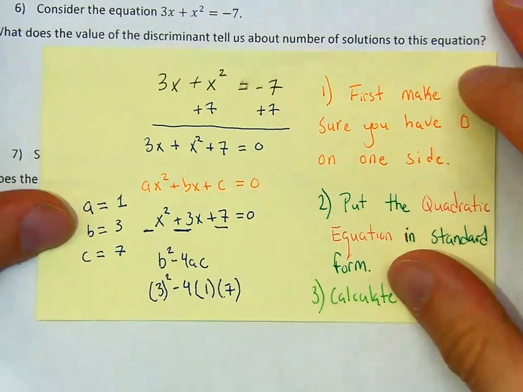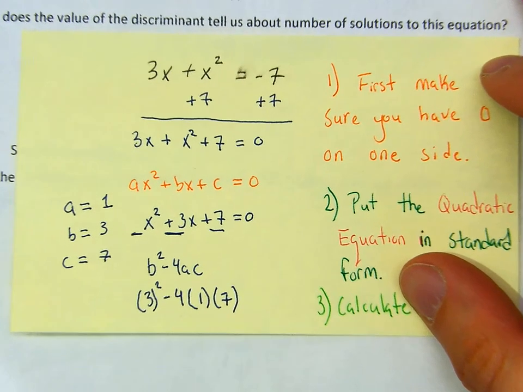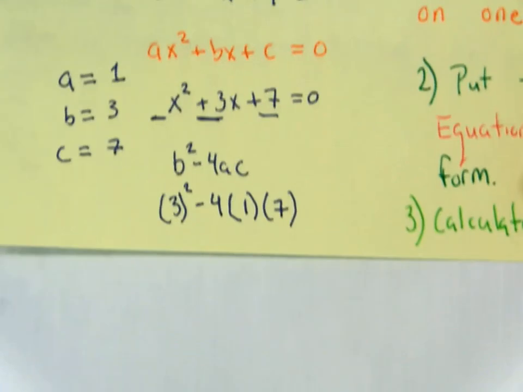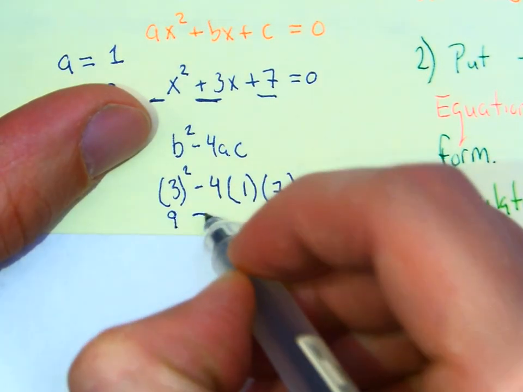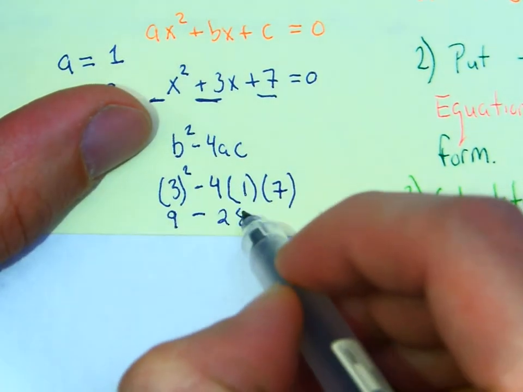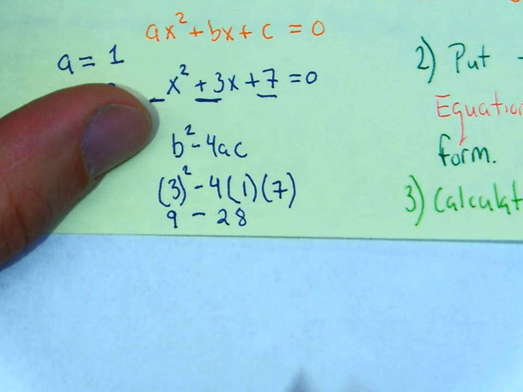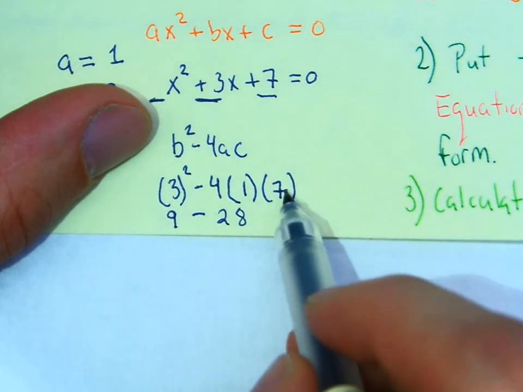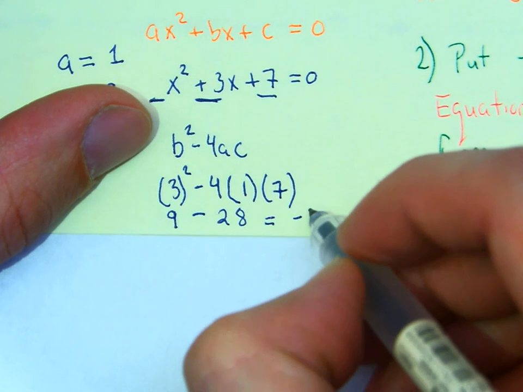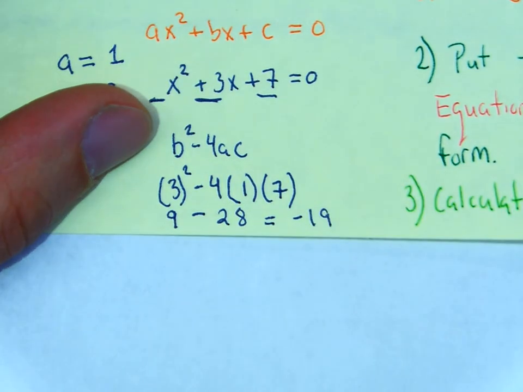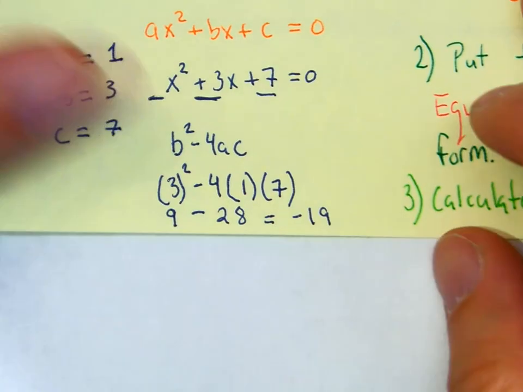Do what you need to do, use your calculator or mental math. 3 squared is 9, minus 28, because 4 times 1 is 4, and 4 times 7 is 28. What is 9 minus 28? That is negative 19. So we know that the discriminant is negative 19.